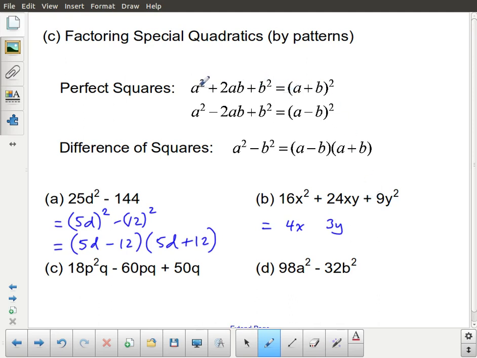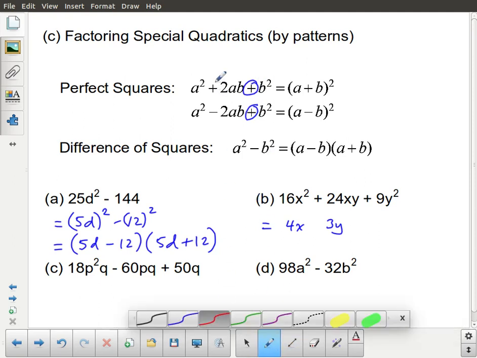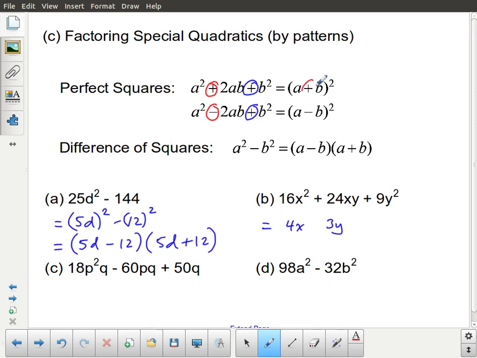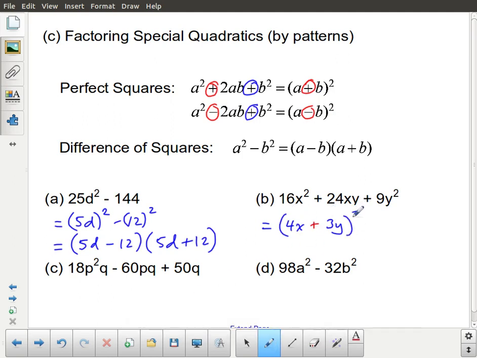The pattern a squared plus 2ab plus b squared, or a squared minus 2ab plus b squared. Notice that these are positives no matter what. And the negative sign, so this determines what the sign will be inside the bracket. So in this case, it's going to be a plus, and it's going to be that thing all squared.